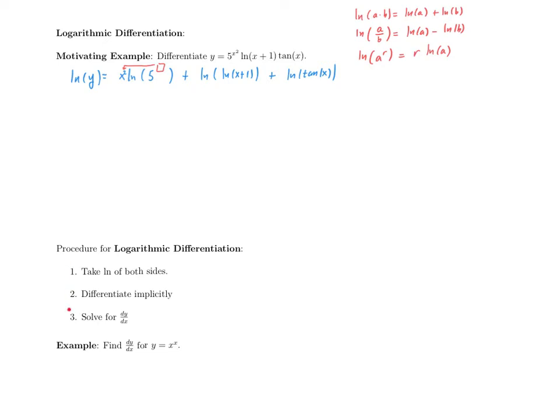Following the procedure we've outlined below, the next thing we are going to do is differentiate implicitly with the hope of finding dy dx and isolating it. So we want to differentiate both sides with respect to x. Note on the left-hand side what we have is an implicit derivative. We're differentiating y with respect to x.